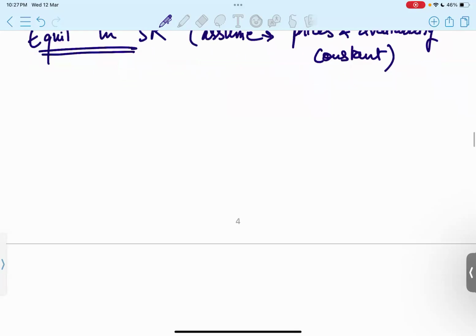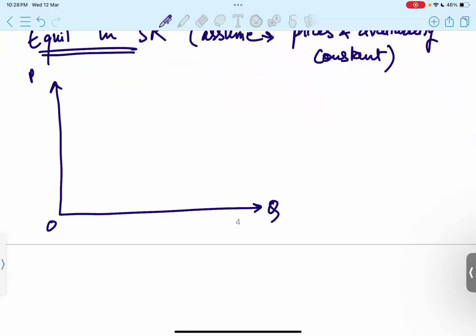Graphically, this is somewhat similar to the graphs we saw under perfect competition, or even under monopoly. You can see the average revenue curve and the demand curve coincide. Correspondingly, we have the marginal revenue curve.